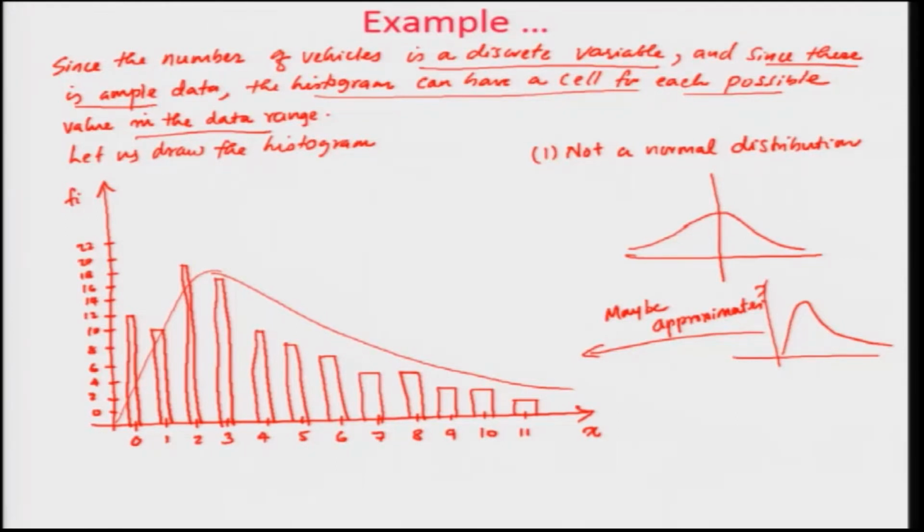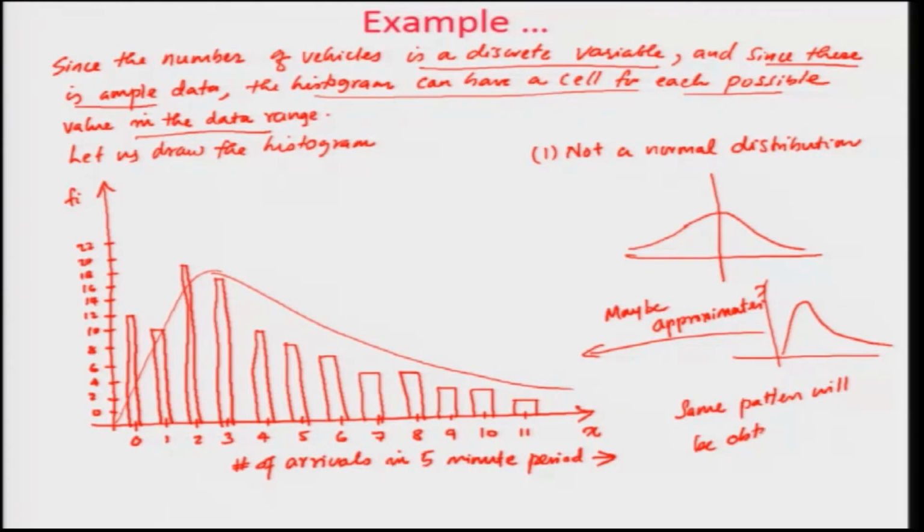Okay. So, here if you look at the number of arrivals in a 5-minute period on the x axis, and the frequencies, or you can do the relative frequency also, you get the same graph. Same pattern will be obtained in relative frequency. Okay.